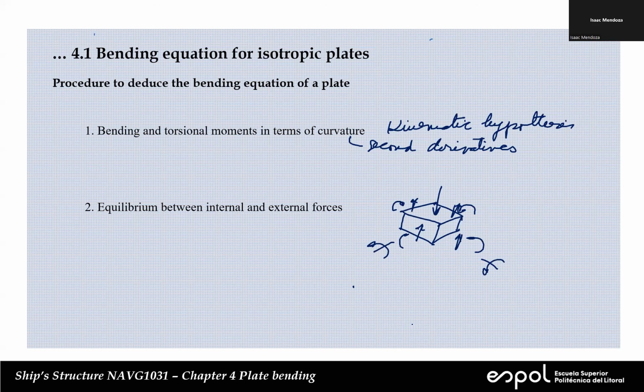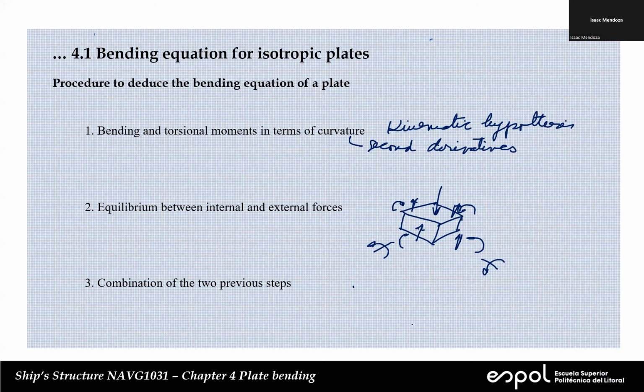And all of this has to be in equilibrium. So remember, this equation is for one arbitrary, very small element. If we find a solution, that means that any element in this plate is in equilibrium. If any element is in equilibrium, that means that the whole plate is in equilibrium. And then the third step is just to combine.